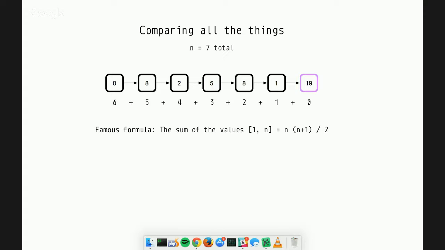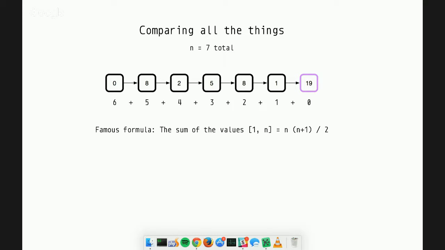This is sort of a side note. There's this quip about how Carl Friedrich Gauss, a mathematician, was tasked with some busy work in elementary school, and they said sum the numbers from 1 to 100, and he came up with the solution very quickly.